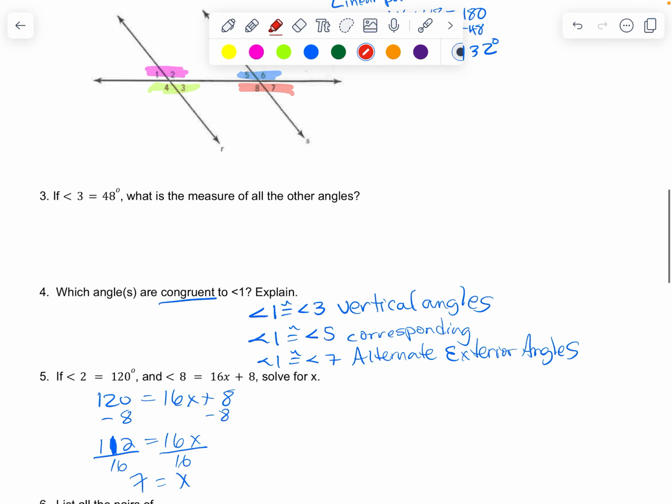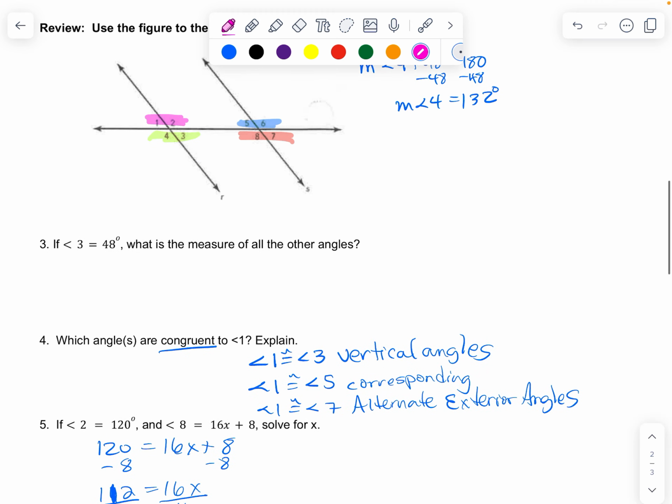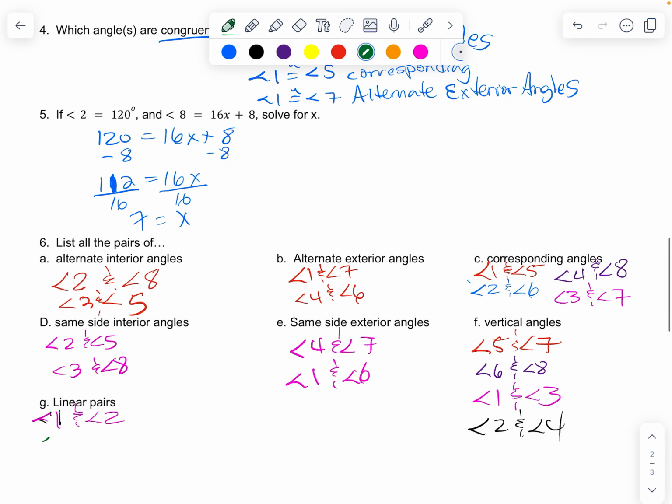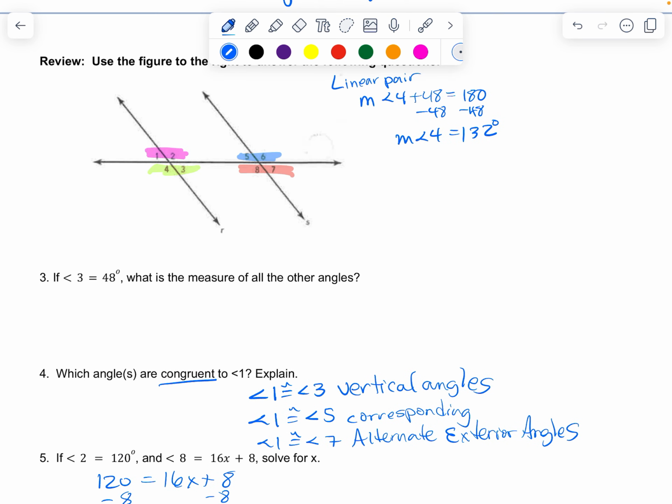Okay. 1 and 2. And then 3 and 4. And then 5 and 6. And then 7 and 8.